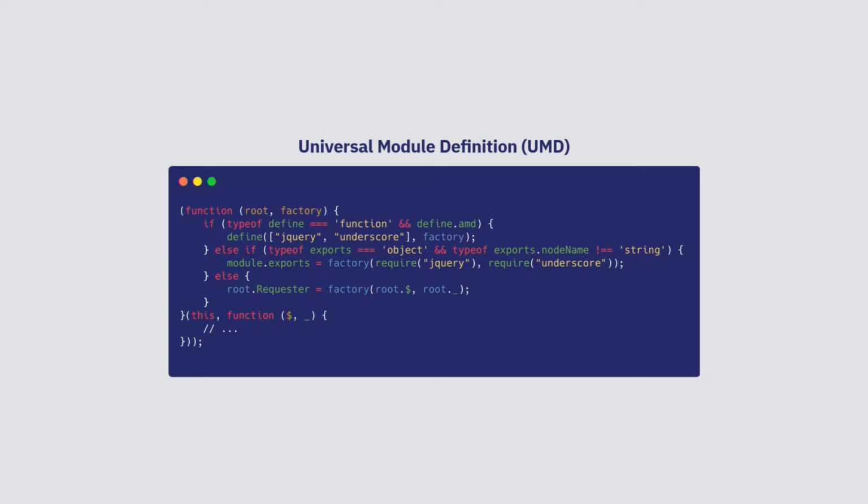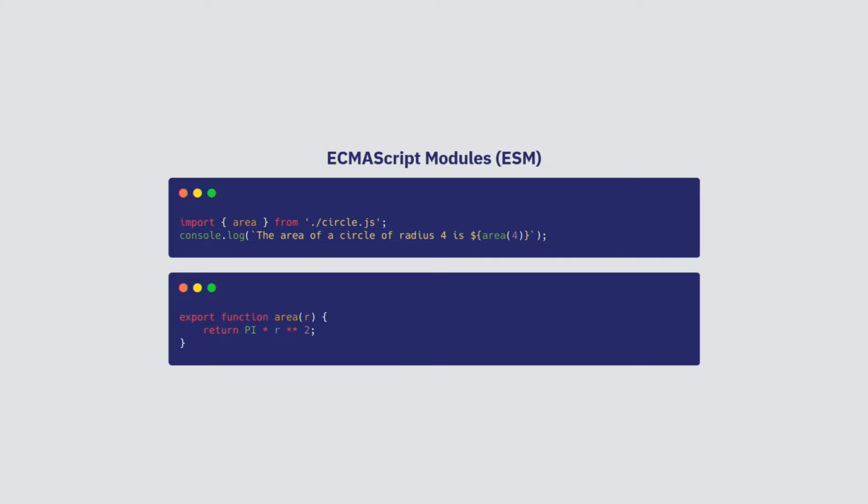Later, UMD, universal module definition, as the name may suggest, works for both AMD and CJS. It first checks for AMD, then for CJS, and if both aren't available, it tries to export and import from and to the global object. And last but not least, back in 2015, ECMAScript modules, or JavaScript modules, in short ESM, was released to JavaScript as the native module functionality.